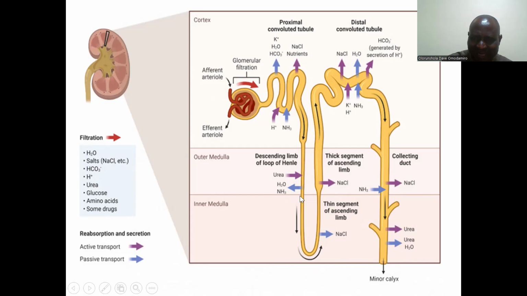This is the descending, and this is the ascending loop of Henle. And that also goes straight to form the distal convoluted tubule, and this goes to the collecting duct.